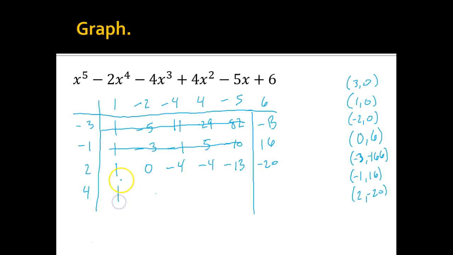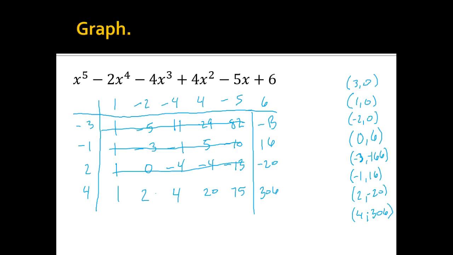Bring down the 1, times 4 is 4, minus 2 is 2, times 4 is 8, minus 4 is 4, times 4 is 16, plus 4 is 20, times 4 is 80, minus 5 is 75, times 4 is 300, plus 6 is 306. So when x equals 4, y is way off the chart, 306.